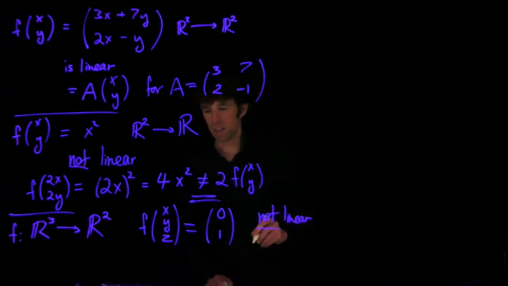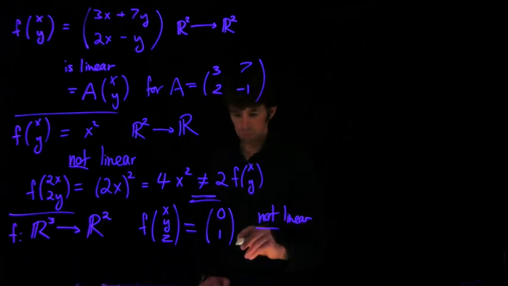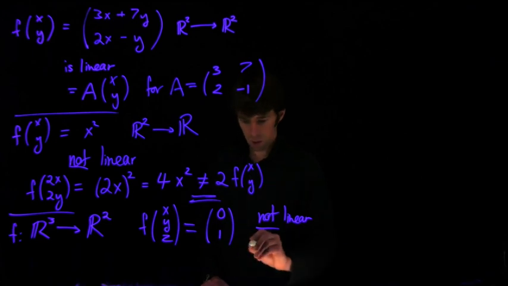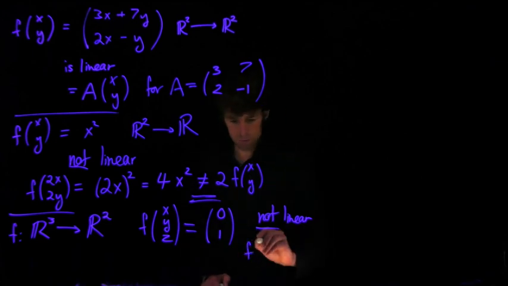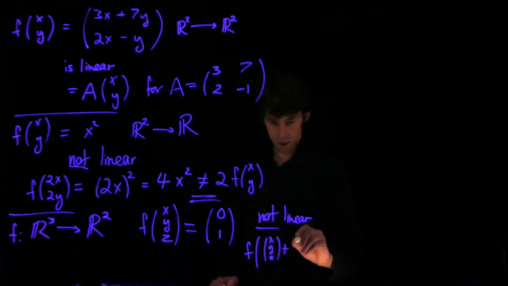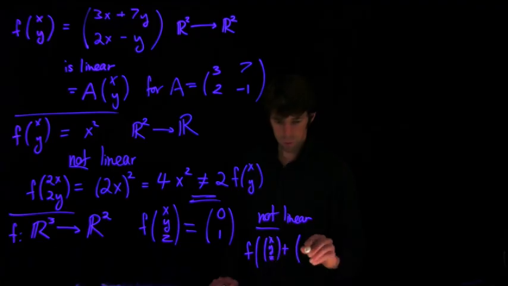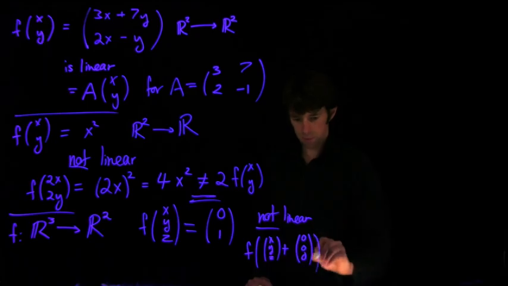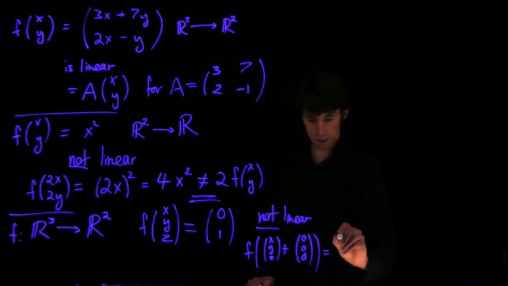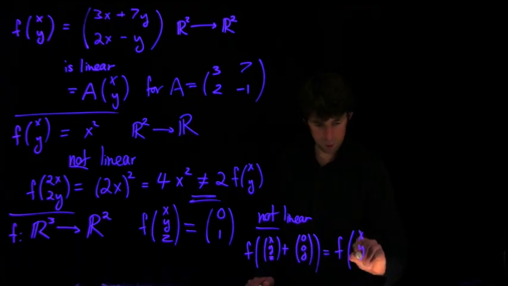And the reason is, well, just check whether it preserves a linear combination or not. So f of (x, y, z) plus, let's take the 0 vector, (0, 0, 0). Well, when I add the 0 vector to anything, this is f of (x, y, z).